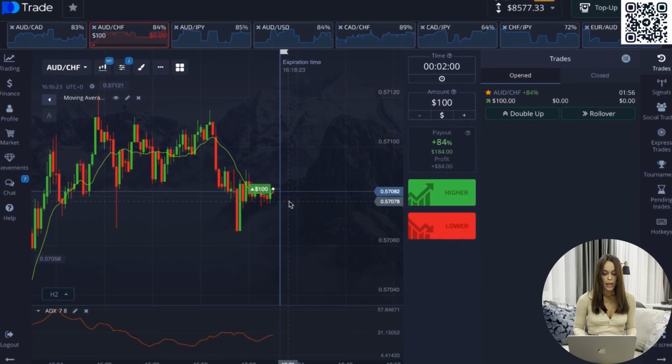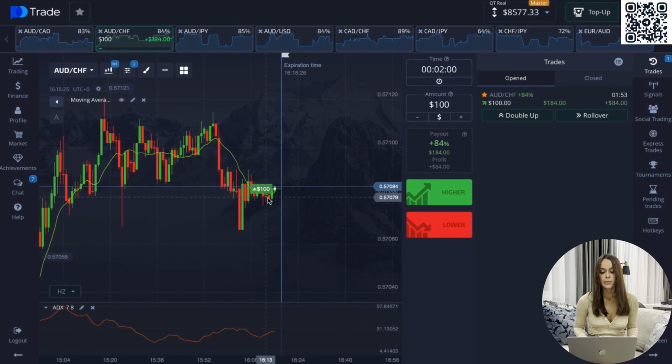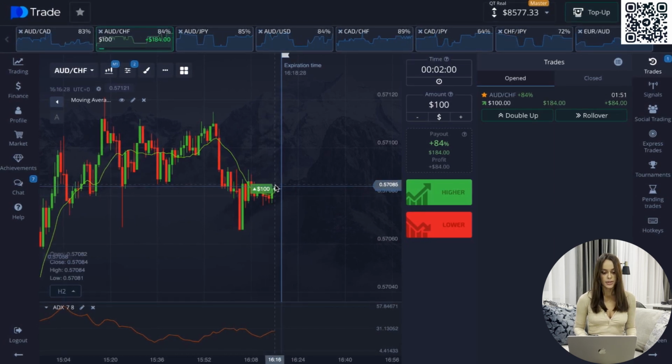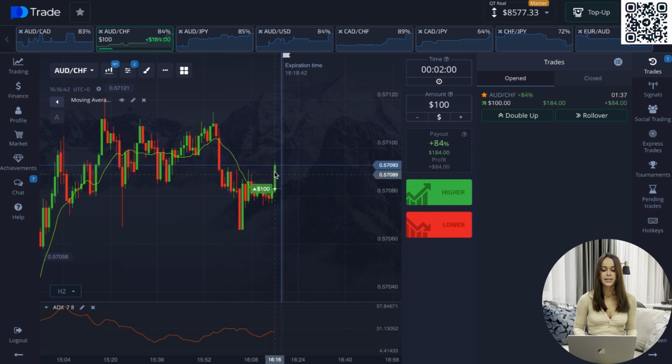So in this example, I will open a position for an increase. We see that the price has crossed the moving average line from the bottom up and is now charting in the upward direction. Also, the ADX indicator is in the upward direction. The signal indicates that an ascending trend is about to begin. You can see by this green candle that the price starts to grow very quickly and aggressively. So we opened the position at the right time and in the right direction.